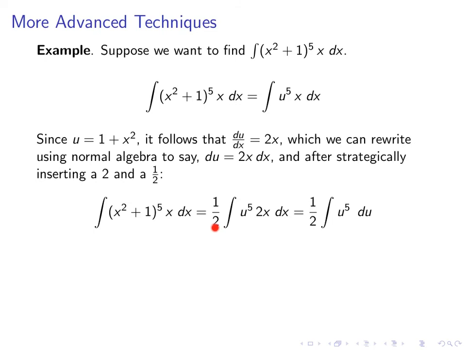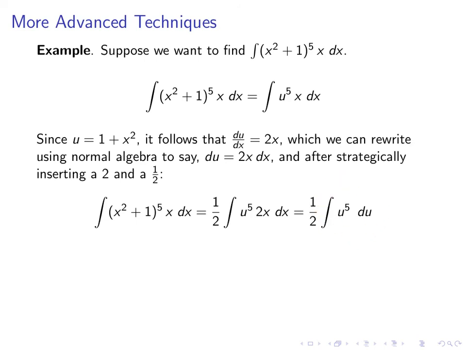So by introducing a half into the problem, now I have 2x dx. You can see these two things are equal because a half times 2 is 1. So x dx is really the same as 1/2 times 2x dx. And now this 1/2 sitting out here is just waiting around for the rest of the problem to happen.